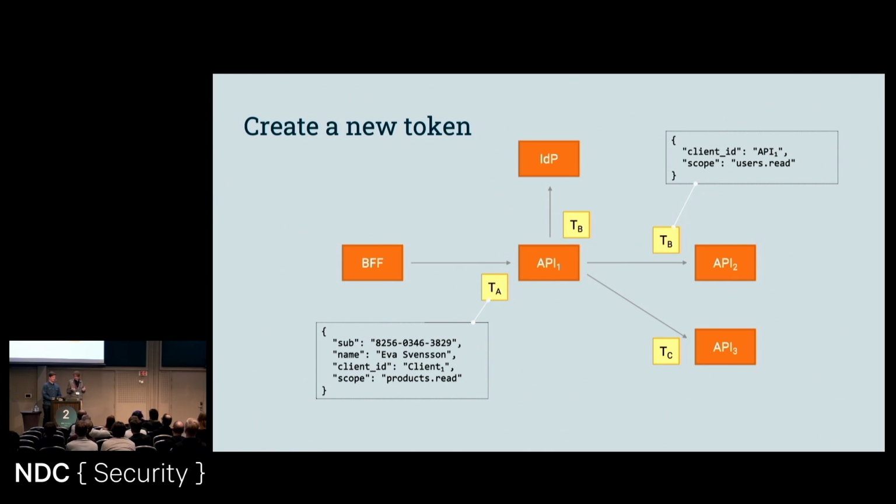That is good, but we lose another thing, traceability and accountability, because the user logs in to the backend for front-end and gets a token, and the new tokens are not really attached to the user session anymore. So if that's important for us, then we need to do something better.